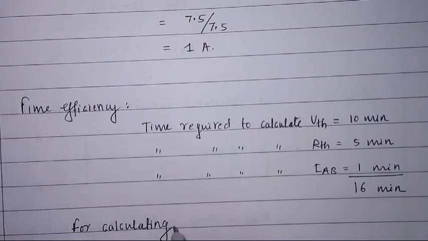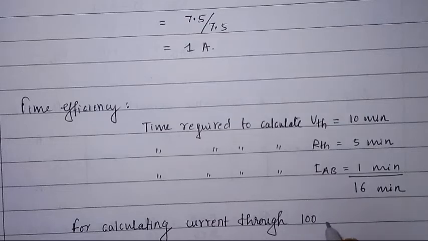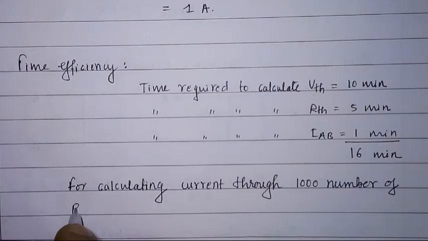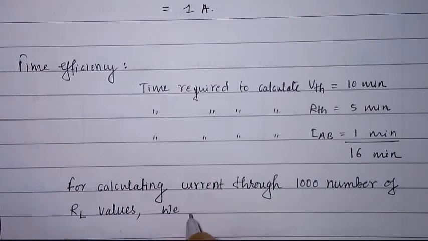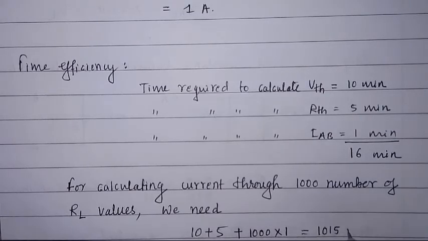For calculating current through 1000 number of RL values we need 10 plus 5 plus 1000 into 1 equal to 1015 minutes.